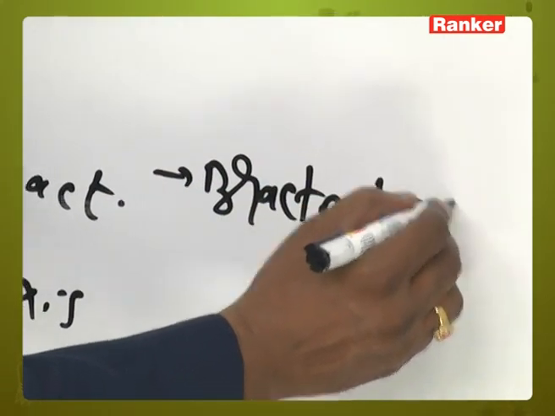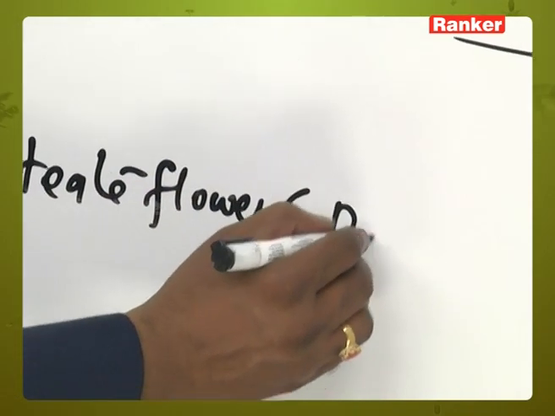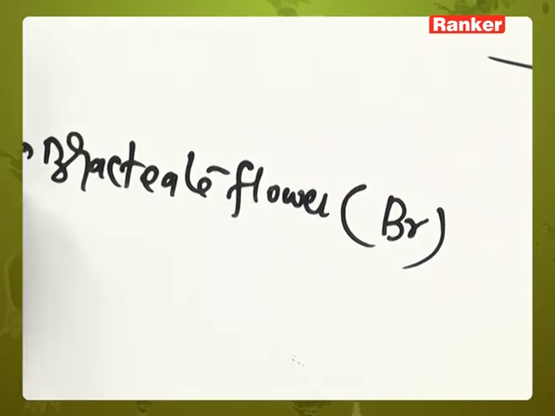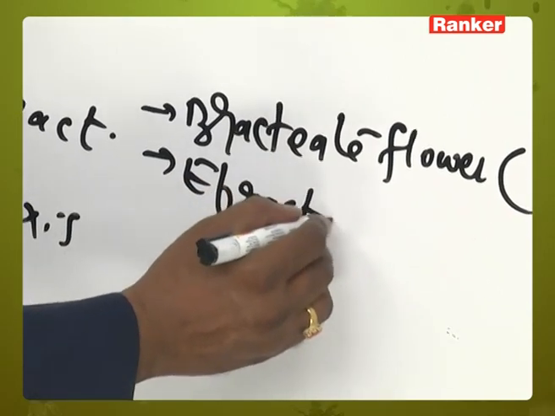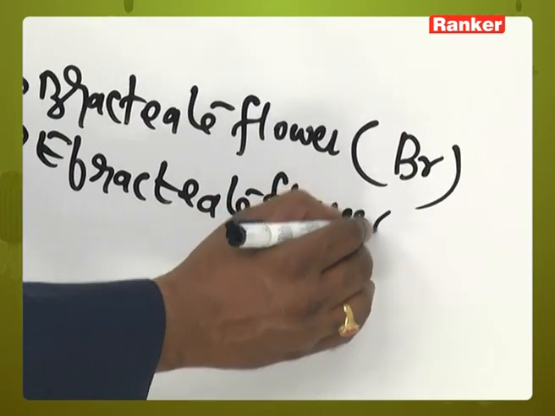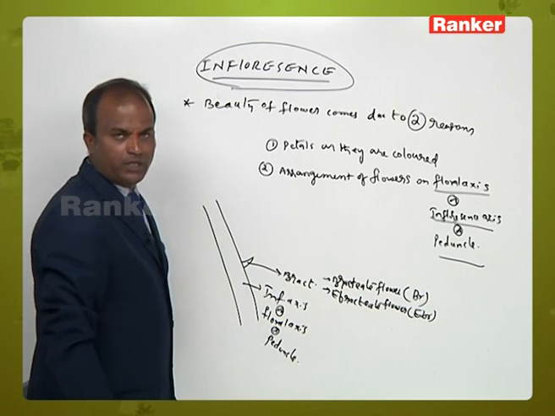In floral formula, it can be represented with Br. If bract is absent, then it is called as ebracteate flower. In floral formula, it can be represented with EBR.